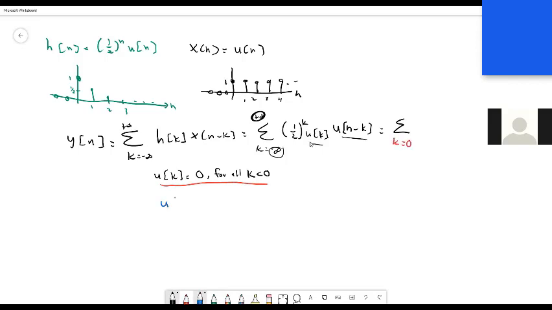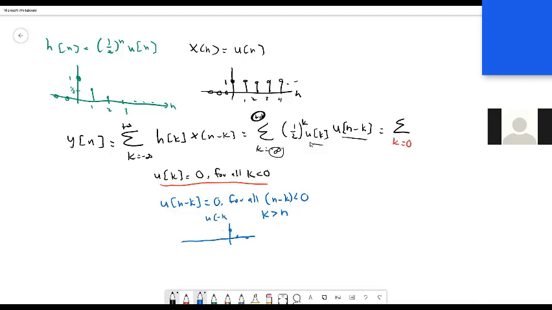And what about this u of n minus k? That equals 0 when n minus k is less than 0, or when k is greater than n. So we take our u of minus k, right?